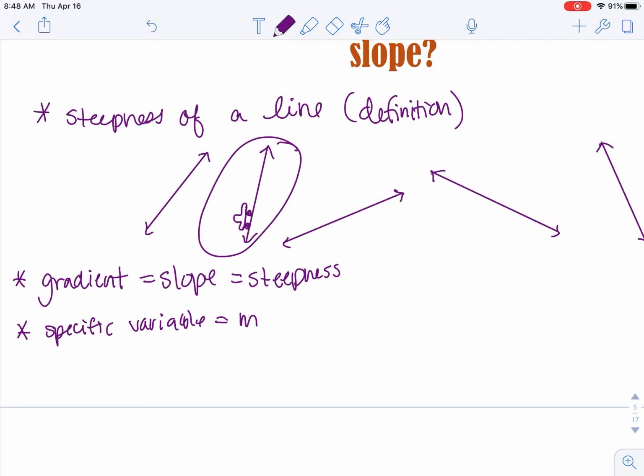Maybe because it looks like two hills and steepness, I'm not really sure. But m equals slope. So a lot of times in equations, you're going to see m equals, and that's going to be your slope. So if you ever see m, you also know that means slope.